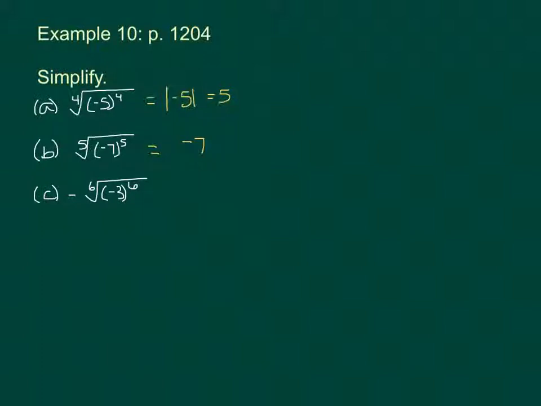On C, it's even, so I do need the absolute value, and notice I have a negative in front, so negative the absolute value of negative 3, so that's going to be negative 3.